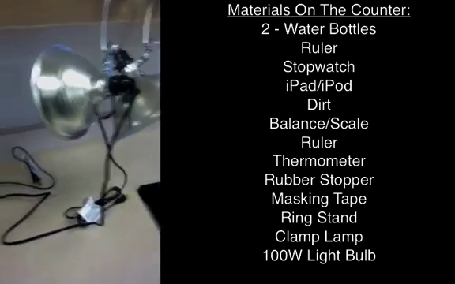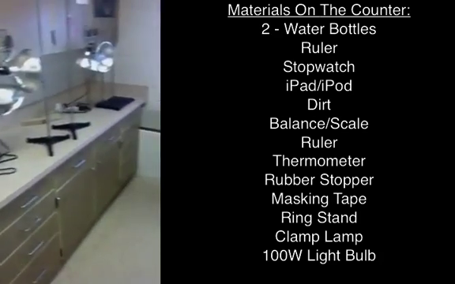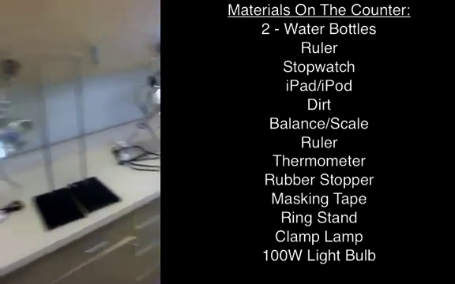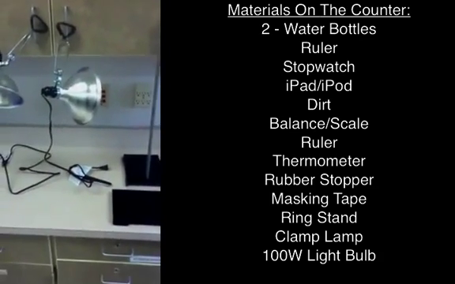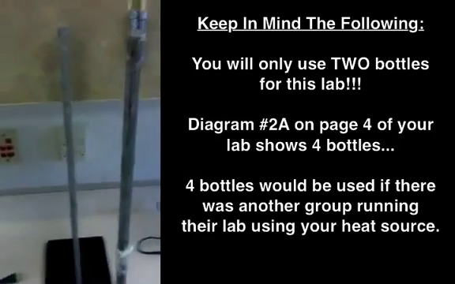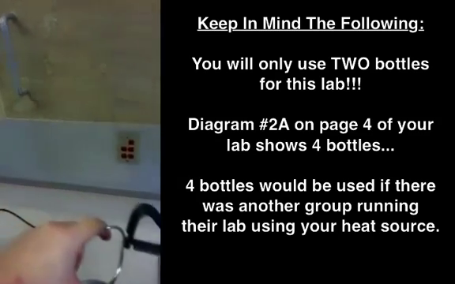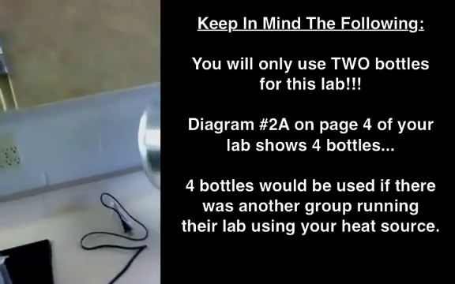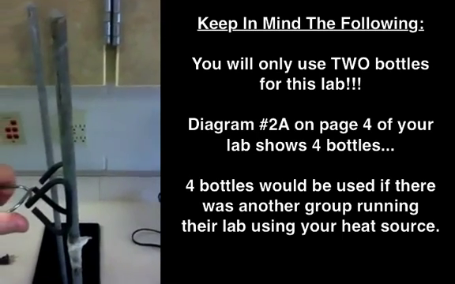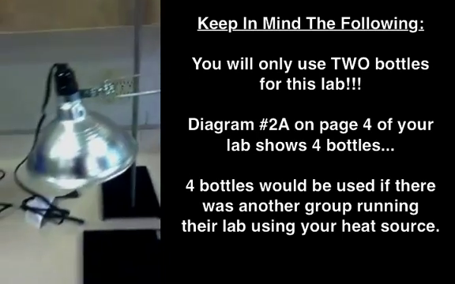The ring stands that you see, there are 2 at each of these stations. So you could technically have 8 people or 8 groups performing this lab at one time. The ring stand is going to be used for you to take your heat lamp, and what you do is you simply squeeze it on and attach it, and then it'll hold there.